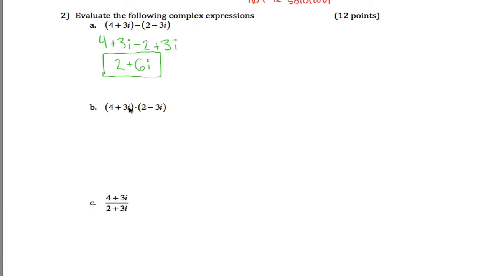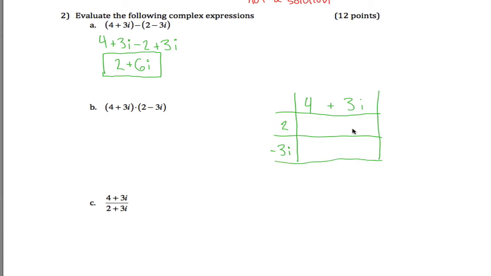Same idea down here. If this were an x, what we'd have to do is FOIL. I'll set up the little box method. When you're multiplying binomials, one way to keep track of where everything goes is this little box method. 2 times 4 is 8. 2 times 3i is 6i. 4 times negative 3i is negative 12i.